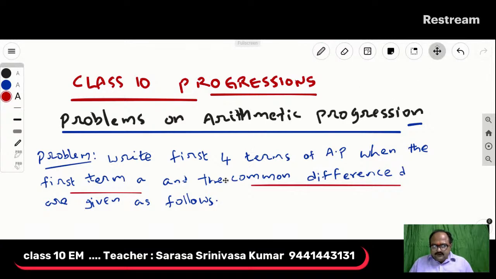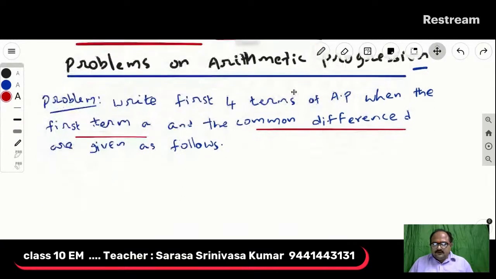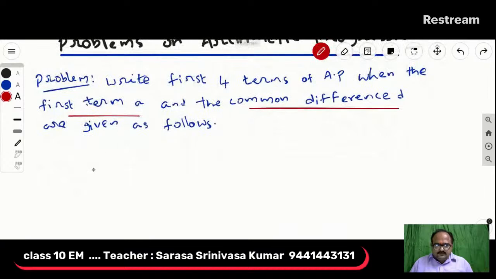We have to find the first four terms. Now let us note down the first problem. This is the first problem. A equal to 10, D equal to 10.